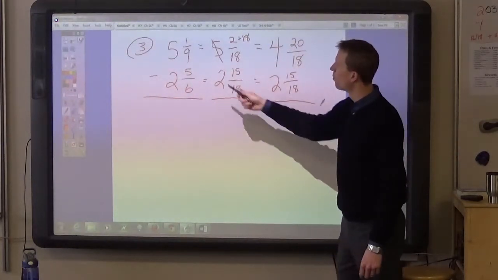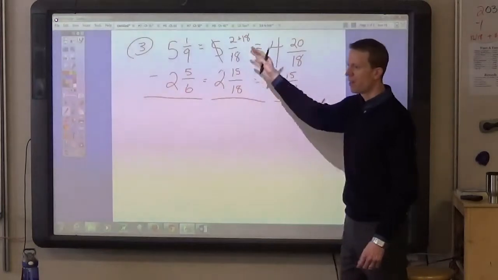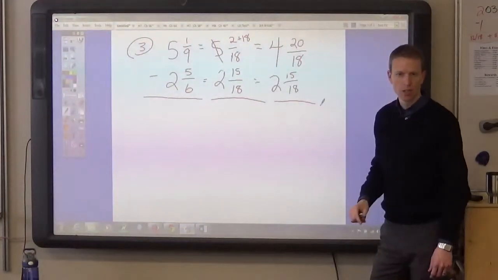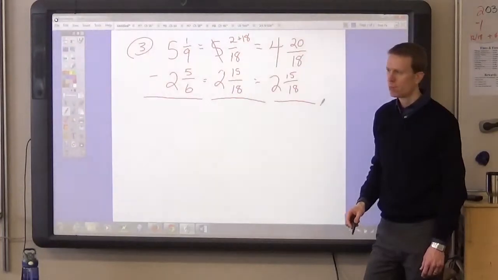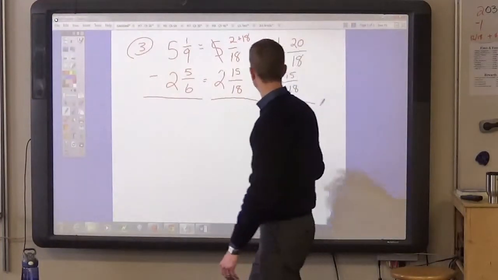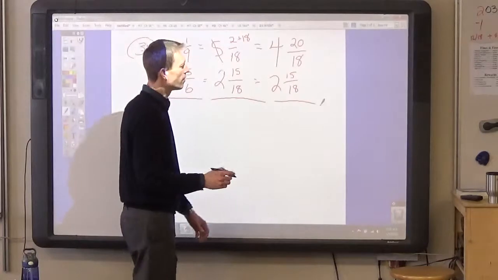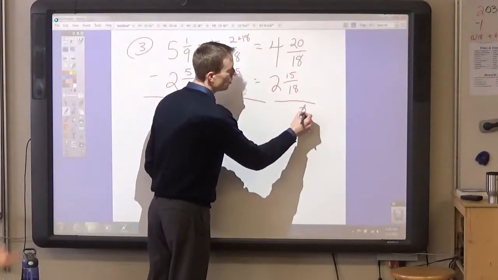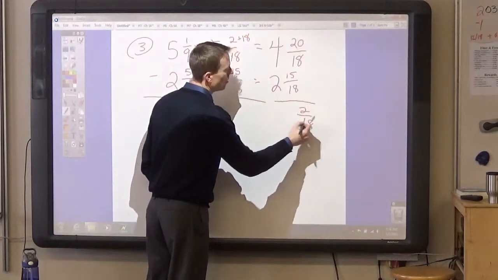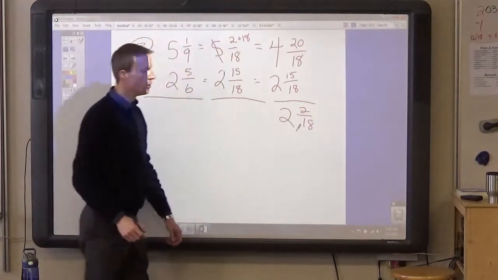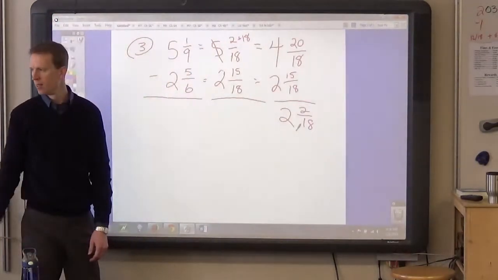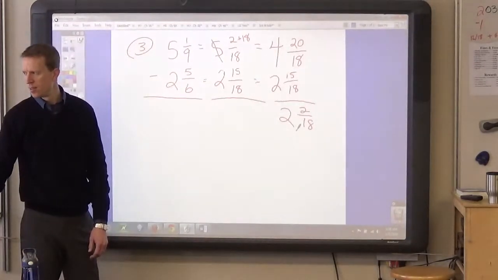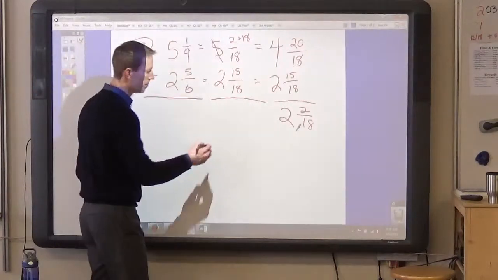Now, do you see why we wrote it going up and down, and then we can put the equivalent fractions going across? That's why that's helpful. And now we can subtract. 2 and 3/18, which we'd have to make simplest form, which is 2 and 1/9. Yep.